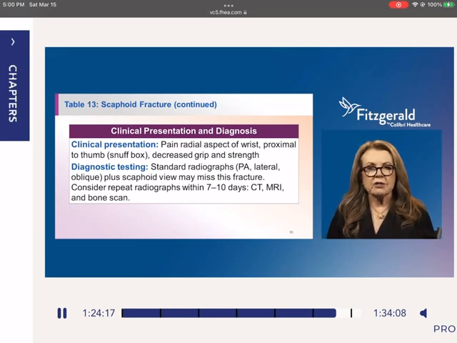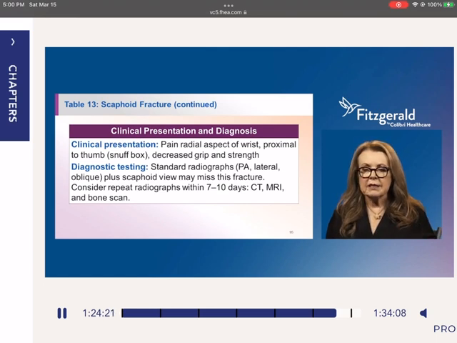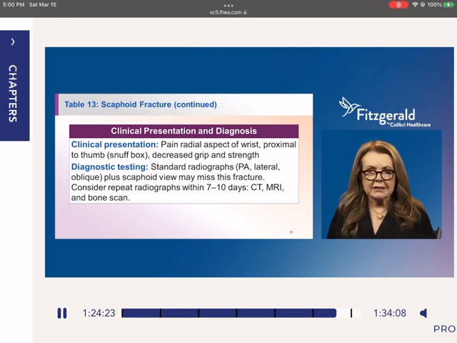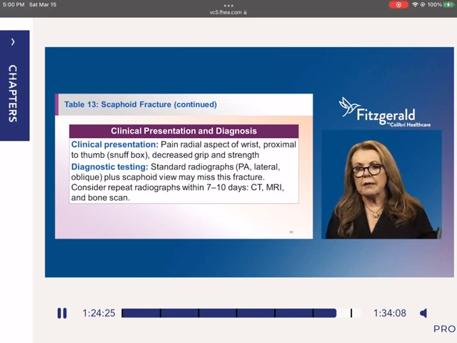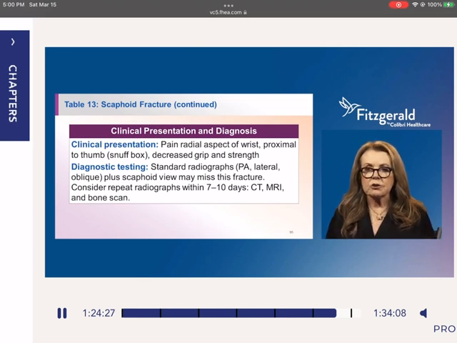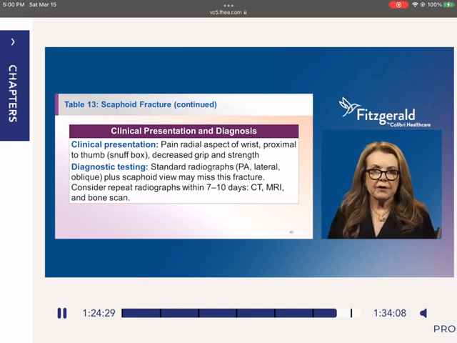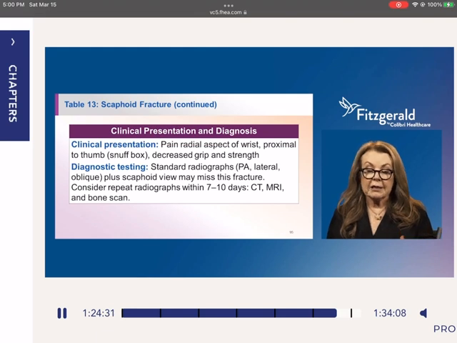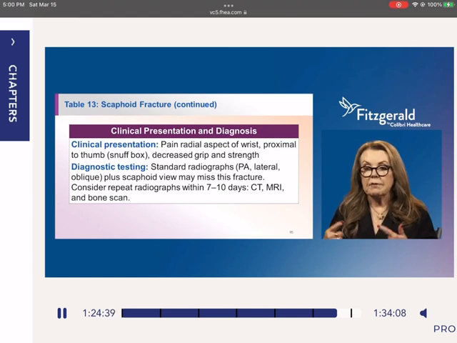You might say to yourself, well, I've heard that happen before, that people had x-rays in the ER or walk-in center or whatever. They get seen back in a week, x-rays are repeated, and lo and behold, they find a fracture. Well, x-rays aren't perfect. Sometimes fractures are missed. And what sometimes will show up is a number of days out, particularly if there's some healing going on in the bone.